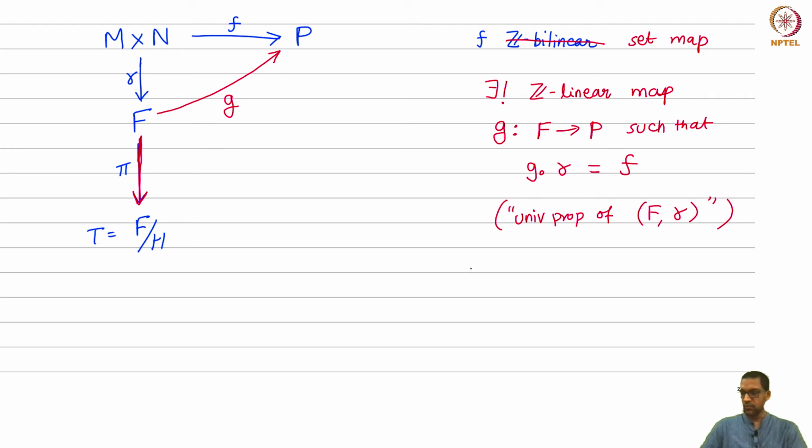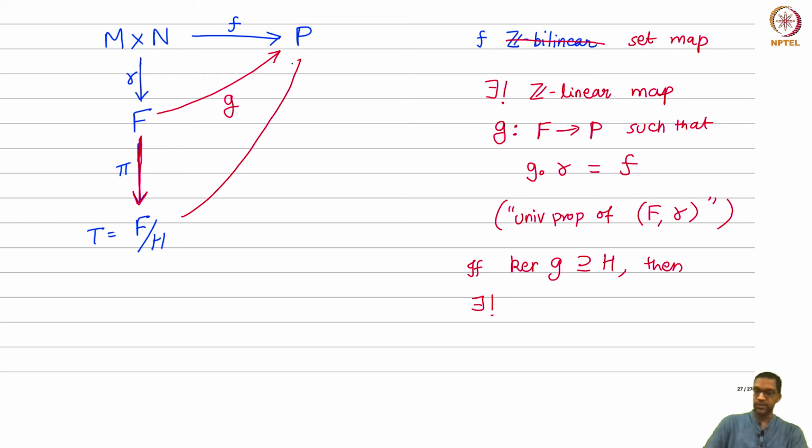So now step 2 is, if the kernel of G contains H, then there exists a unique map, which we'll now call G tilde. It's a unique group homomorphism. In this case everything is an abelian group, so I can think of it as a Z module morphism.